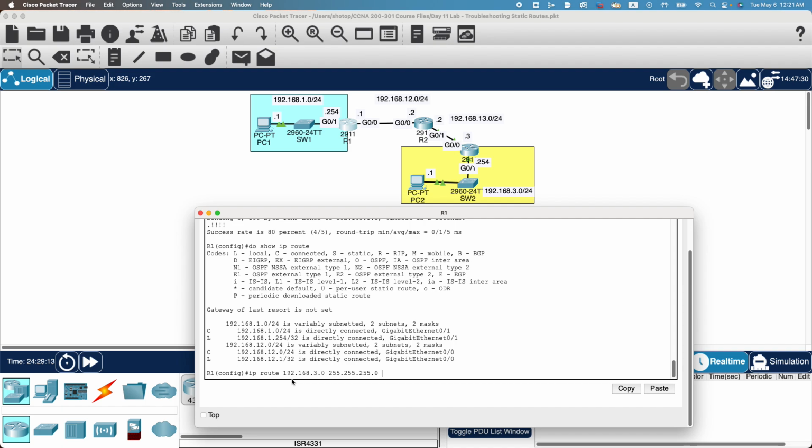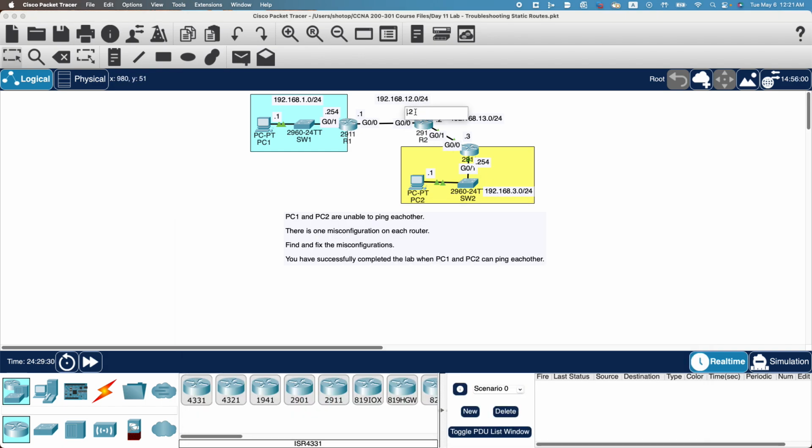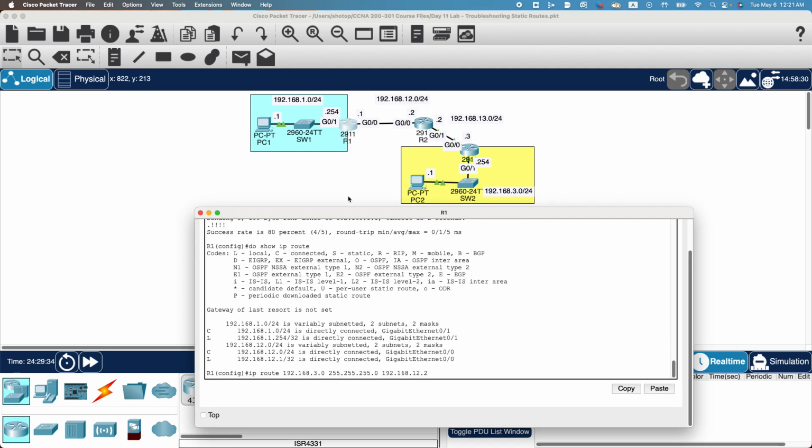That's going to be via 192.168.12.2. Okay. So from R1's perspective, to get over to here, it needs to go to here. Oh, shoot. All right, so that's 192.168.12.2. Enter.